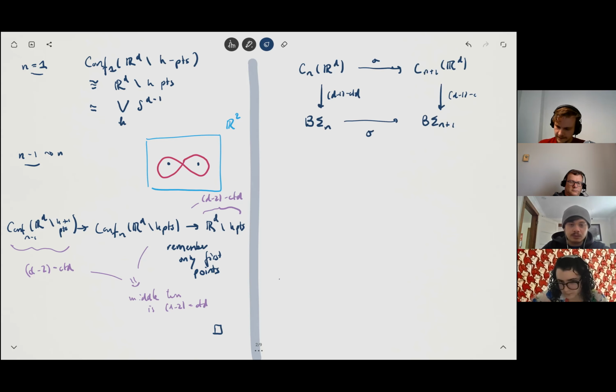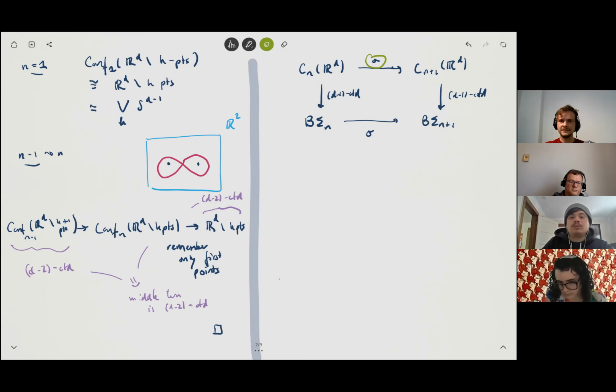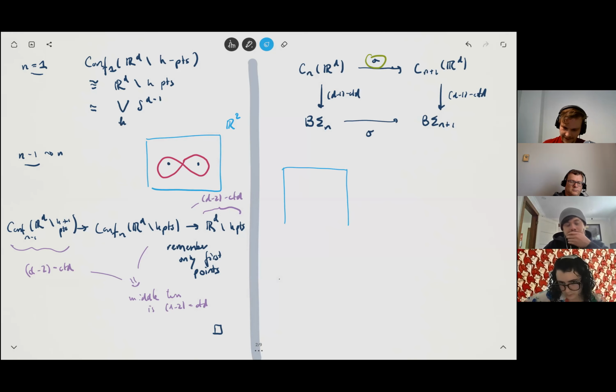Like this, where the subtlety is defining what this stabilization map is on top. So let me draw a picture that you can then think about how to make precise.